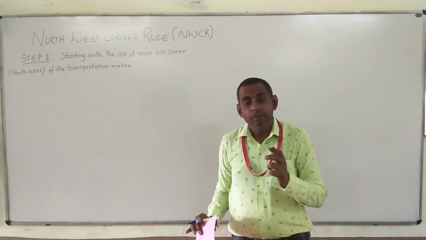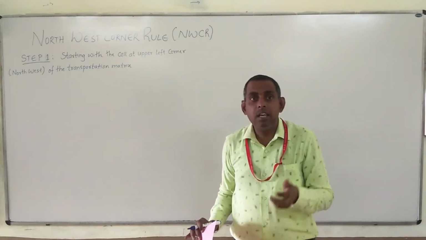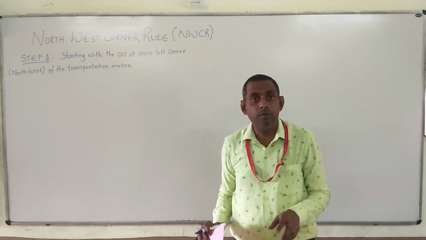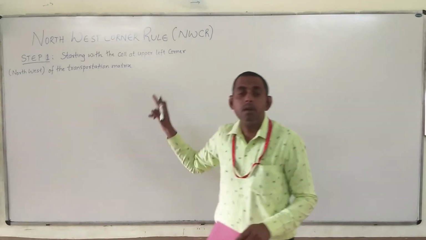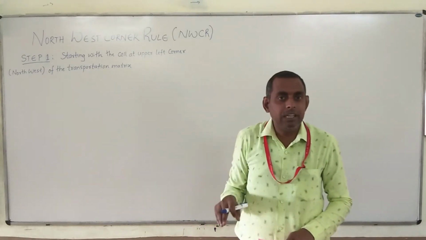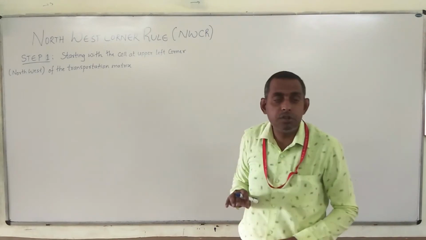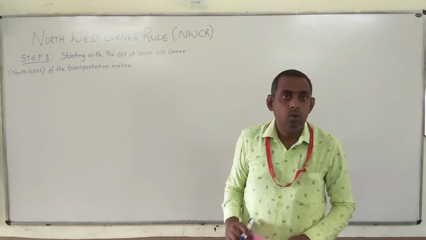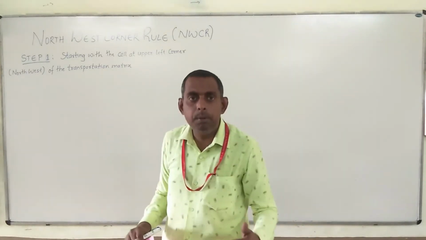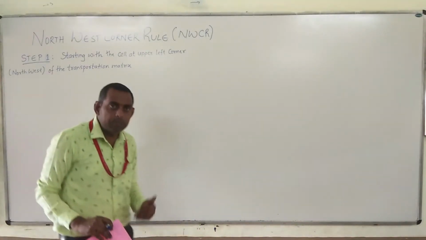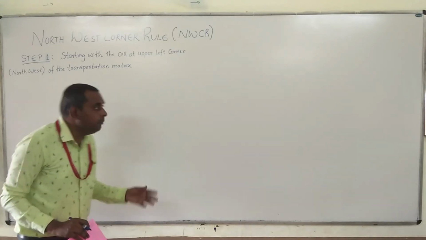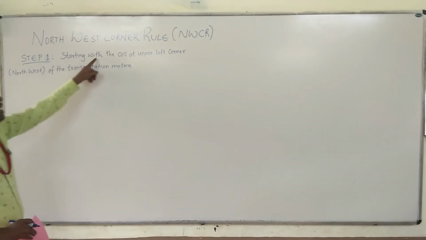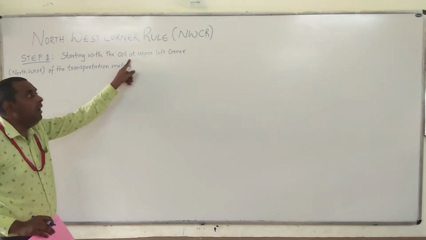When we put the given transportation problem in matrix form, we are supposed to solve that matrix form by using the northwest corner rule. Once it has been implemented mathematically, we have to start with the cell, which cell?